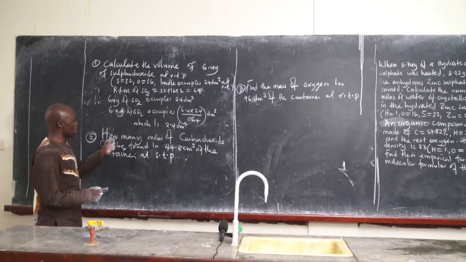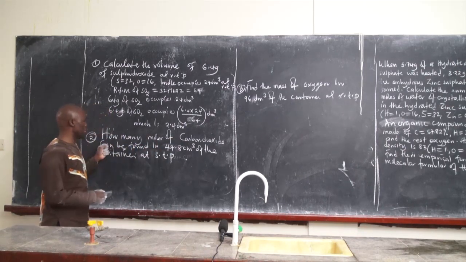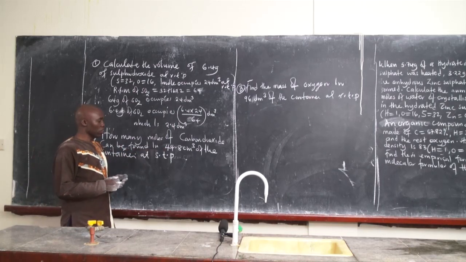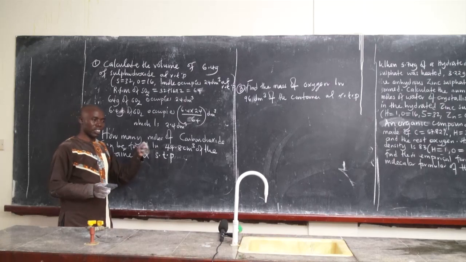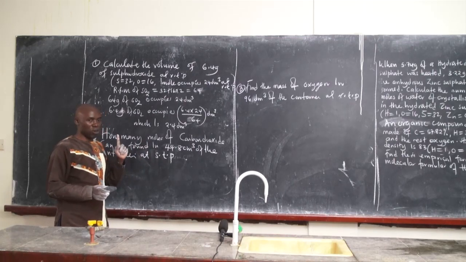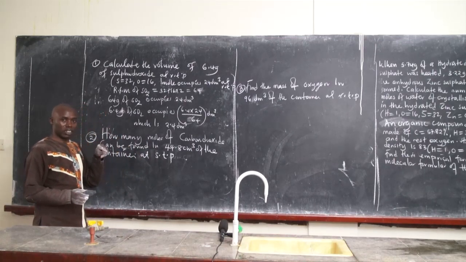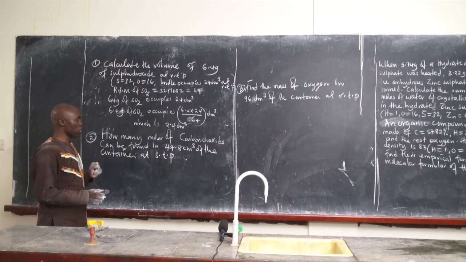Let's dive into this. How many moles of carbon dioxide are found in this? Noticing that the molar volume at STP is for 1 mole, which is 22.4.